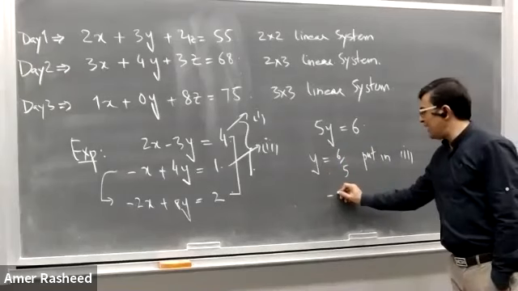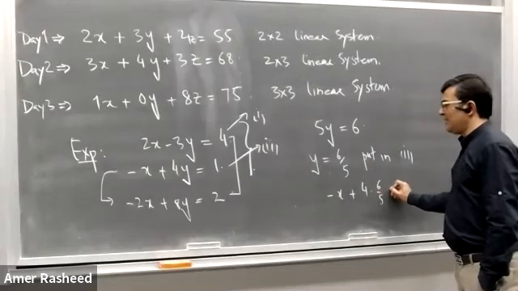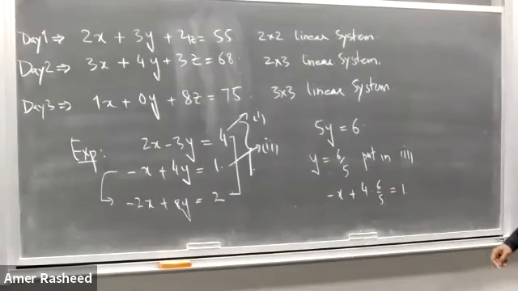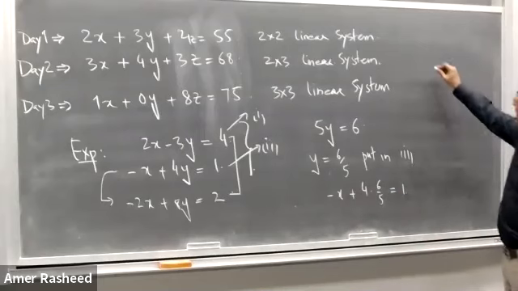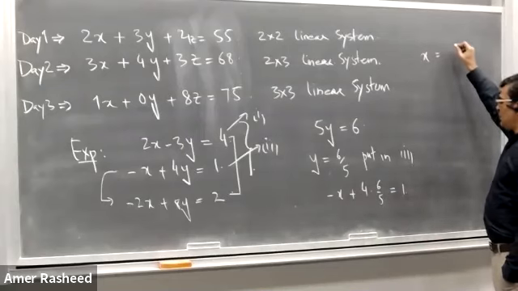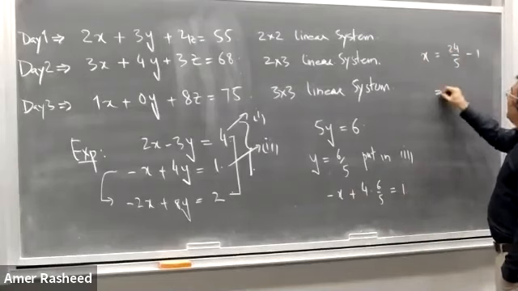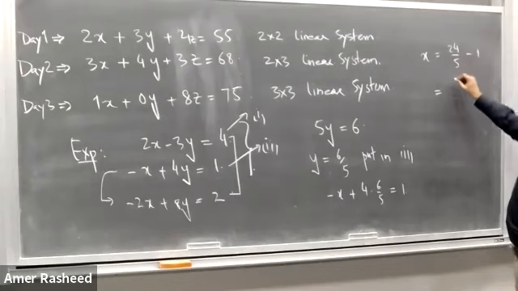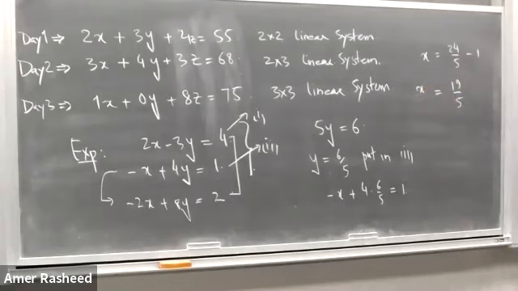So we get minus x plus 4 into 6 by 5 is equal to 1. So x is equal to 24 by 5 minus 1, which is 19 by 5. So this is the solution.